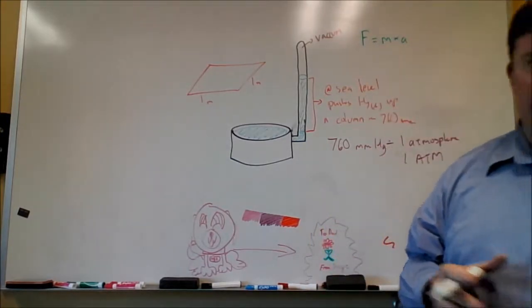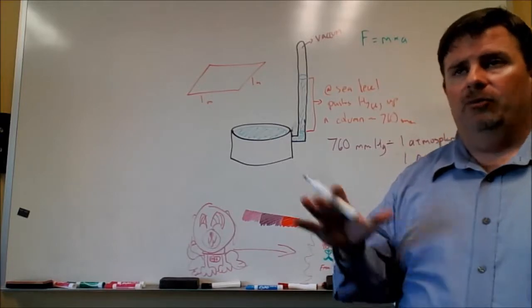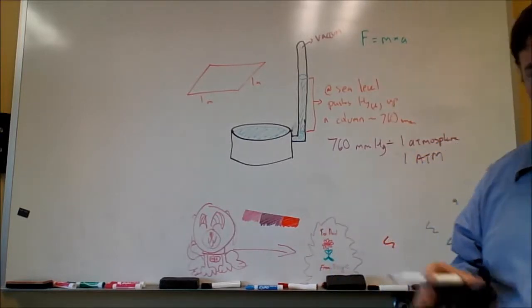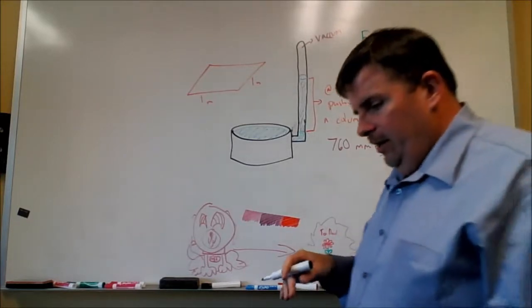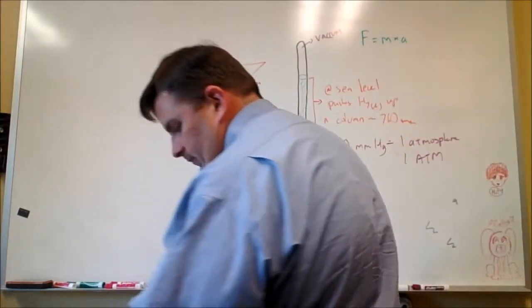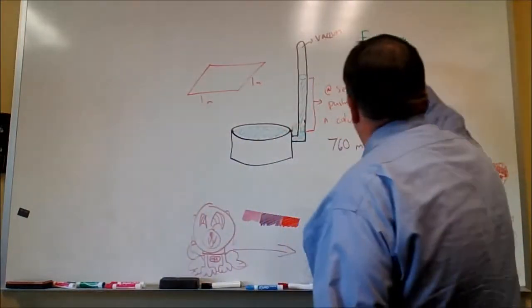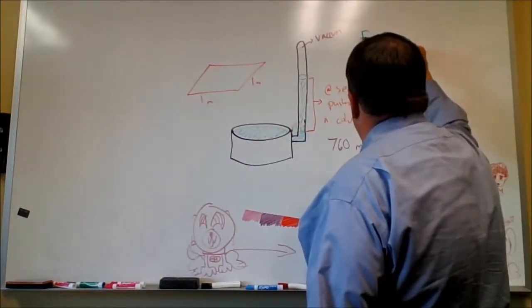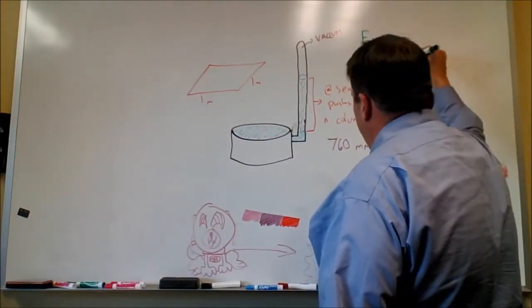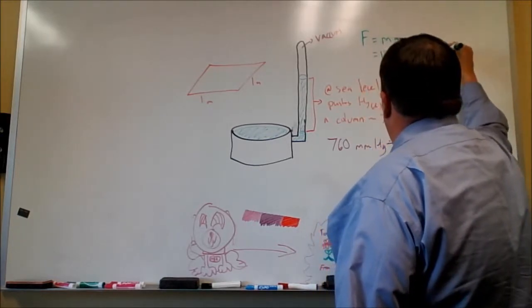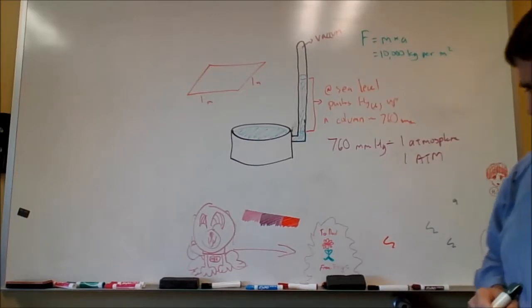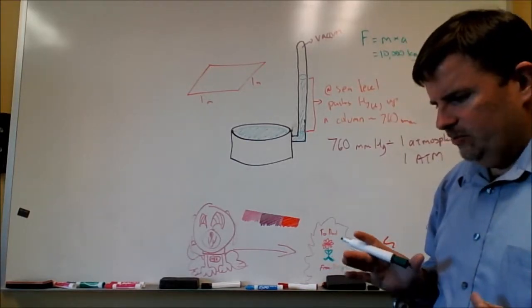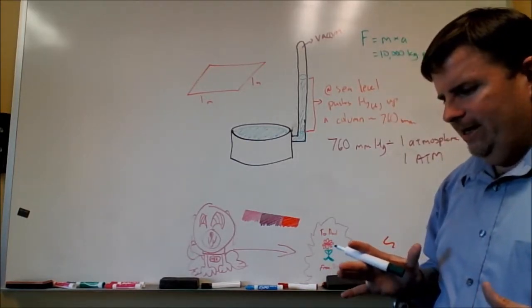And we know that the gravitational acceleration is about 9.8 meters per second squared. That force is what we want to measure. Force turns out to be about 10,000 kilograms per square meter.